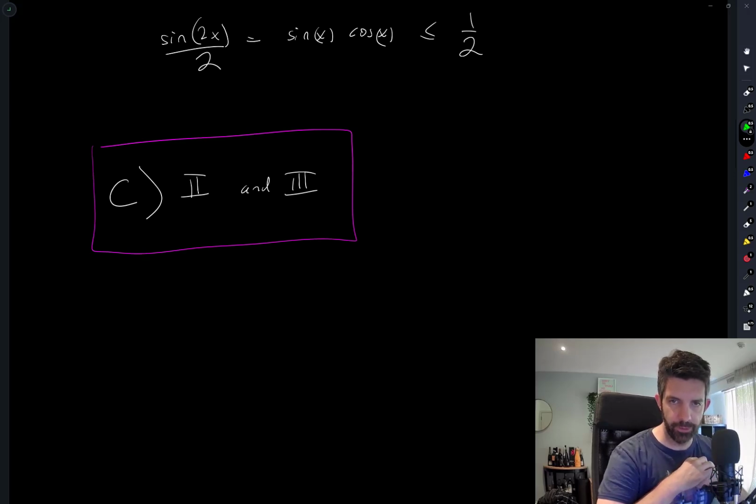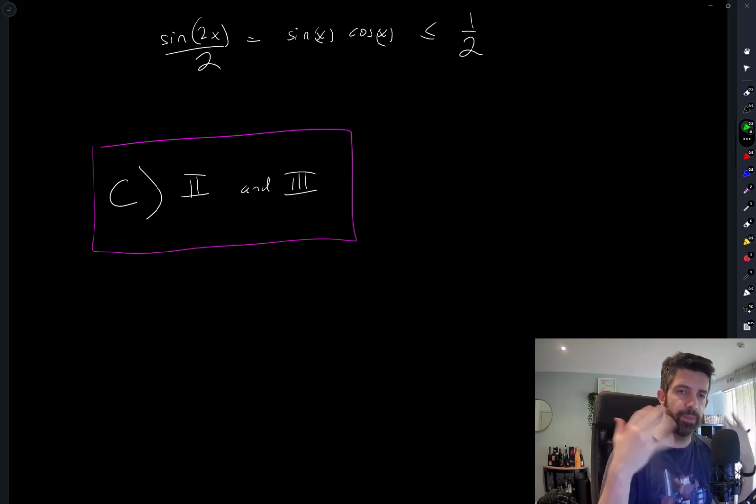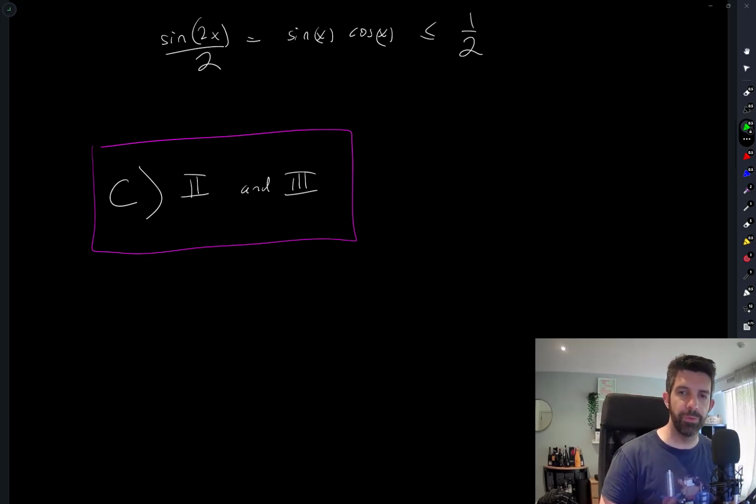I should have recognized option 2 immediately as being the square of something. Option 3, I just had to work out to make sure that it was correct. And option 4, again, I probably should have immediately known that wasn't true. The product of sine x and cos x is maximized when they're both equal to 1 over root 2.